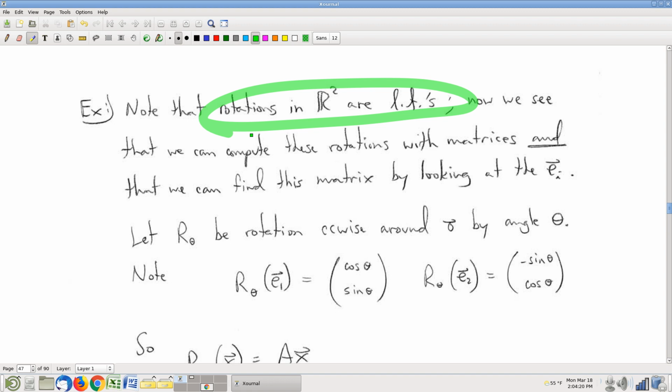There are very few functions that are linear transformations. There are so few that if you just tell me what it does to a couple of vectors, I can rule out all the other possibilities, and here's the only remaining function. We talked about that a while ago. So let's capitalize in that way on this.